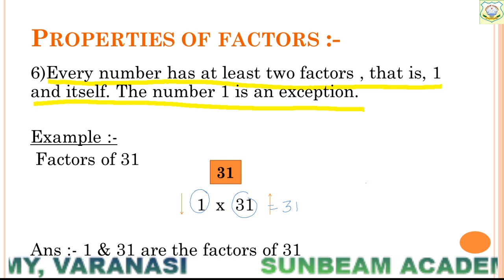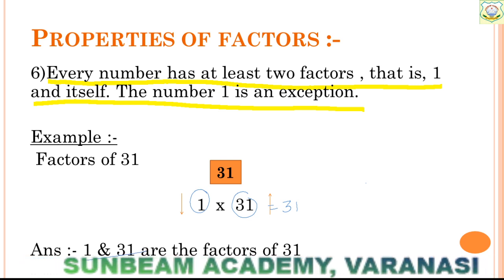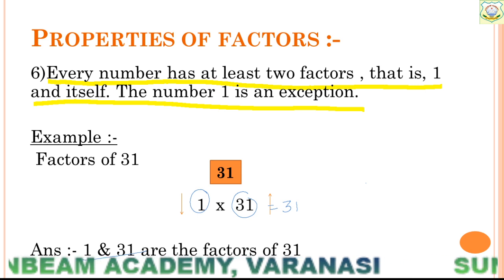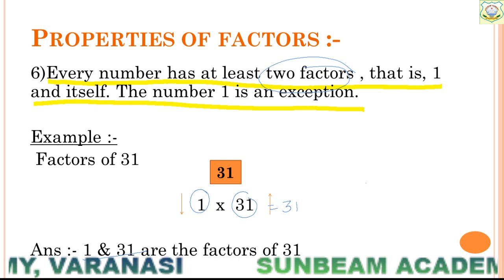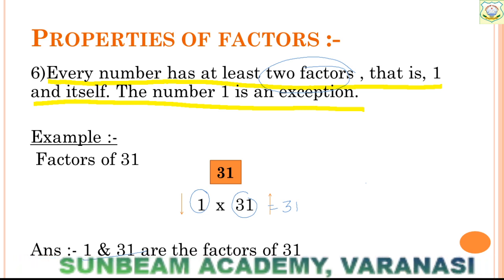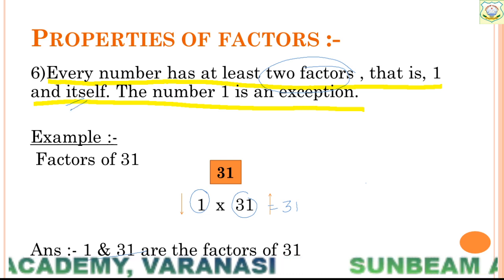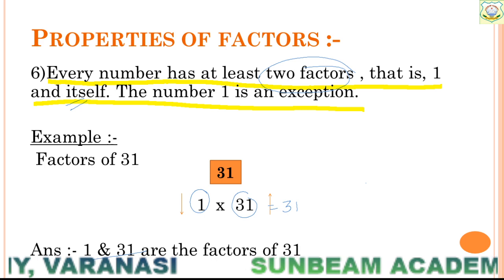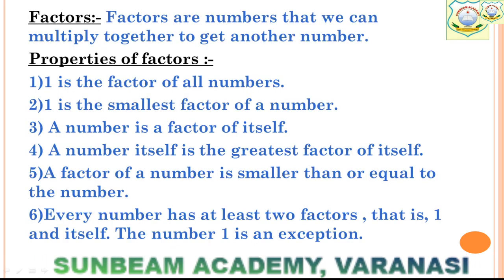So there are 1 and 31 are the factors of 31. So this is the point. Every number has at least 2 factors. This is the main thing. Every number is having the 2 factors, that is 1 and the number itself. When it is writing itself, that means the same number or number itself. Clear? Okay. So now all of you write down in your copy.